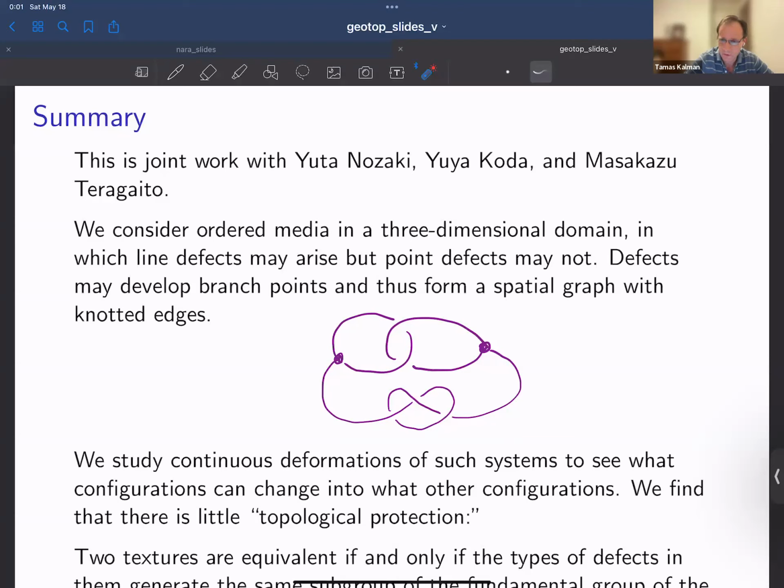In particular, we concentrate on the line defects that can occur in such systems. And what we really do want to pay attention to here is the possibility that these line defects may not be simple curves, but in fact could branch and therefore end up being graphs, such as this kind of drawing right here.